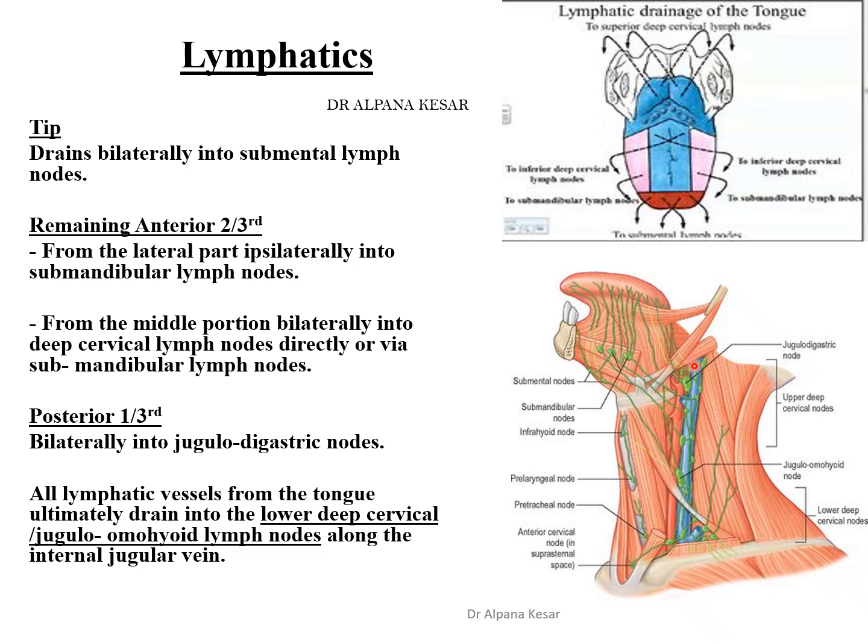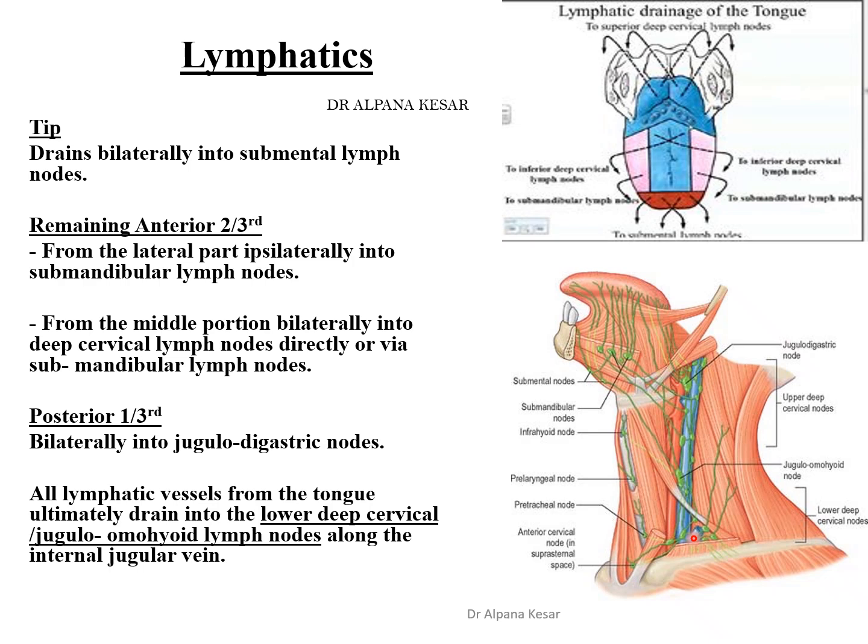Apart from that, lymphatic drainage will also take place in the cervical group of lymph nodes. There are two groups of cervical lymph nodes, superficial and deep. The deep group of lymph nodes are those which are present along the internal jugular vein.